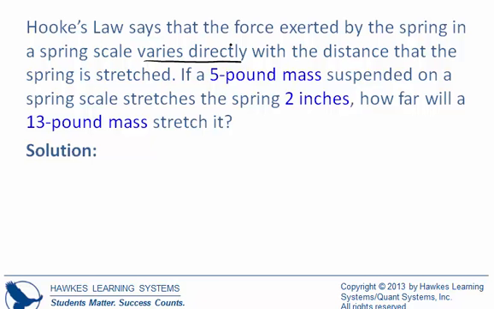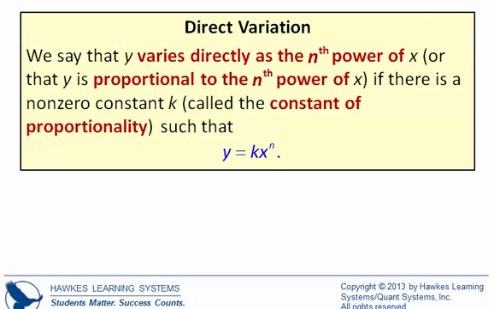So we know that the force varies directly with the distance. We're going to have force on one side. We're going to have k, because k is our constant of proportionality. And then we're going to have x on the other side, where x represents the distance that the spring is stretched.